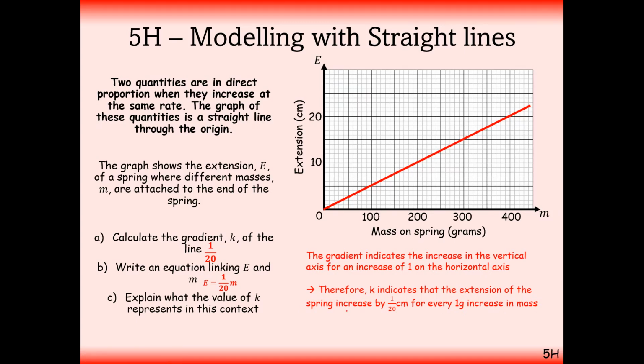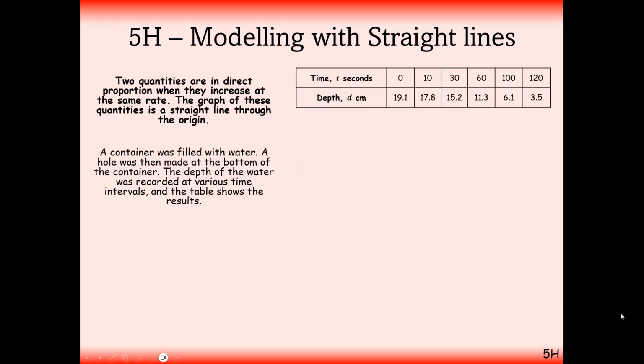So make sure you write increase with increase because the gradient is positive. M is a positive 1 over 20. So you say, therefore, K indicates that the extension of the spring increases by 1/20th centimeter for every 1 gram increase in mass. All right, so that example is done.